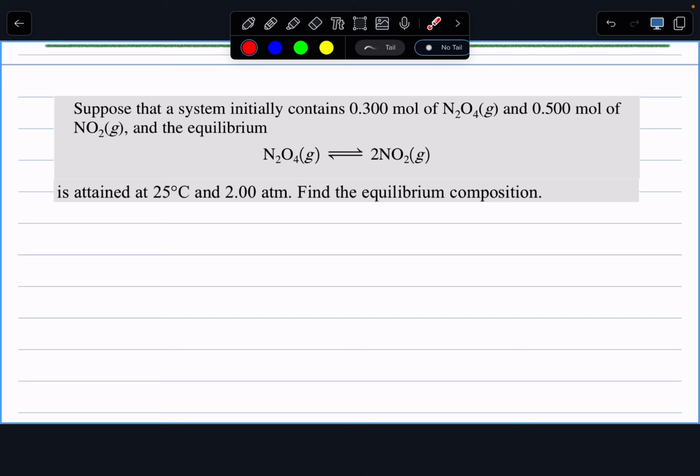The way to set up our problem is my Kp naught equals the partial pressure of NO2 over P naught to the stoichiometric coefficient of NO2, times the partial pressure of N2O4 divided by P naught to the stoichiometric coefficient of N2O4. Right, and do we know what these are? We have them expressed in C.